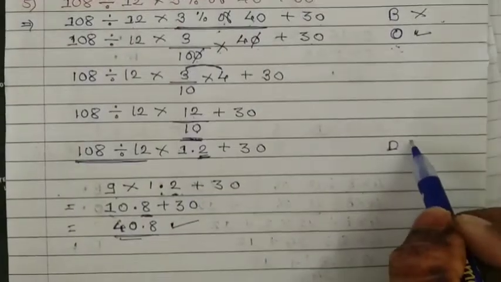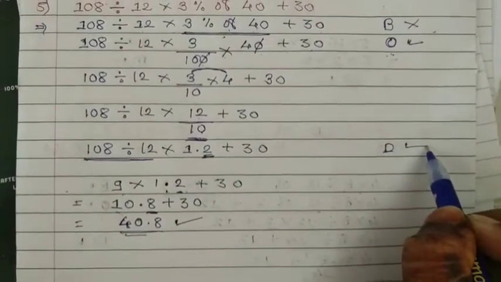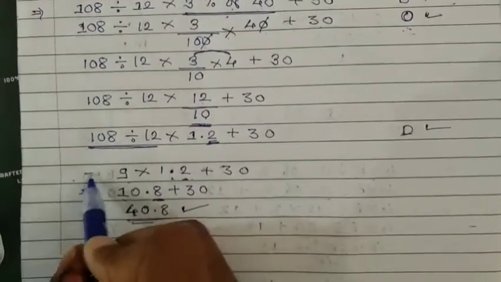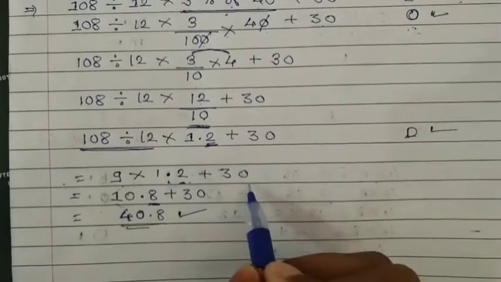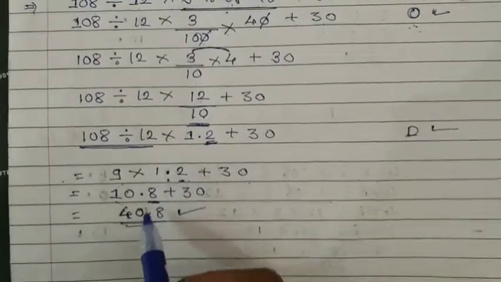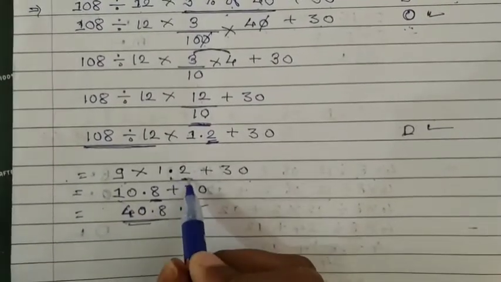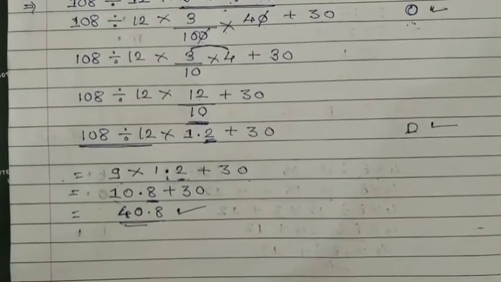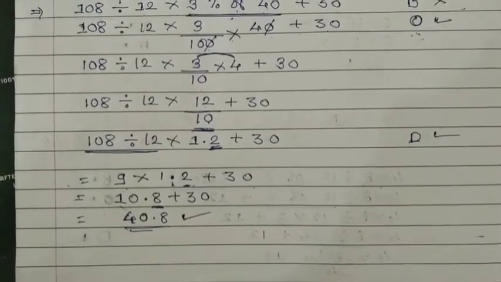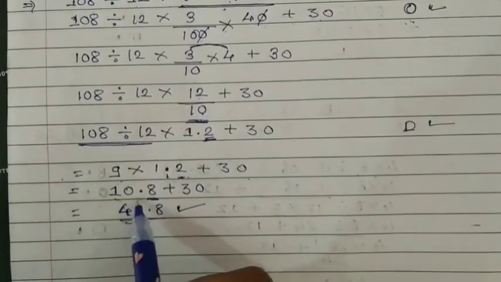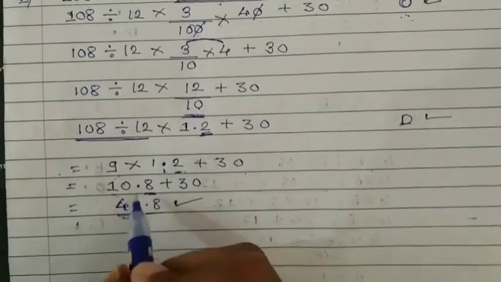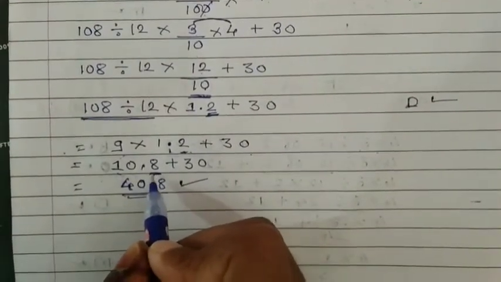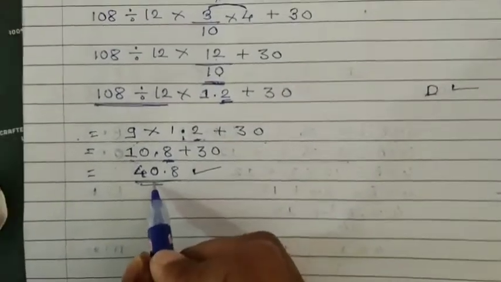Then the division is here, 108 divided by 12. How much? 9. 9 multiplied by 1.2 plus 30. 9 into 1.2 means 108, with the point before the single digit, that is 10.8, plus 30. How much? 40.8.